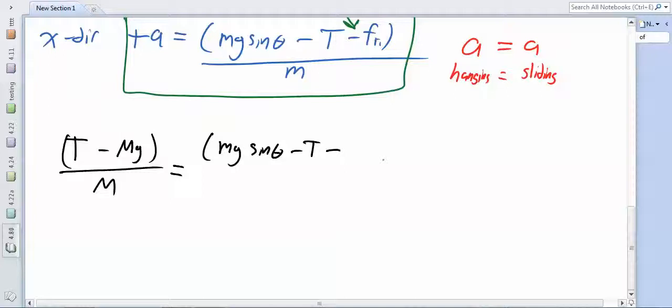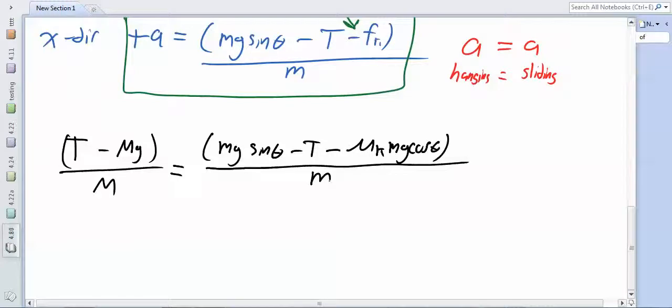And I'll just go ahead and put in the formula for the frictional force that was up above, and that will be equal to mu k little m g times the cosine of theta. And all that is going to be divided by little m. So our goal is to find the value of the tension. So I want to solve this equation for the tension, and I'm going to do that by cross-multiplying and then collecting like terms together. So I'm going to cross-multiply first of all.